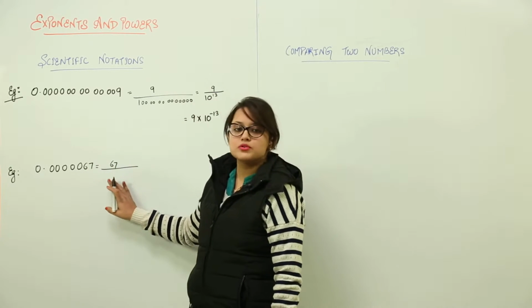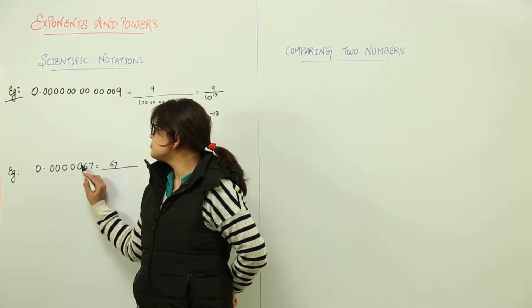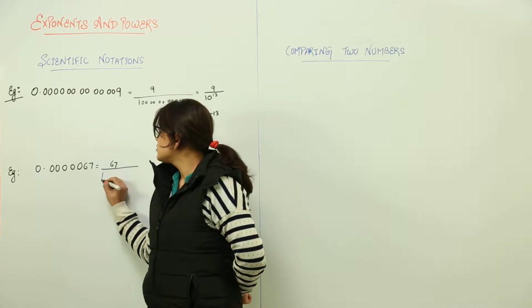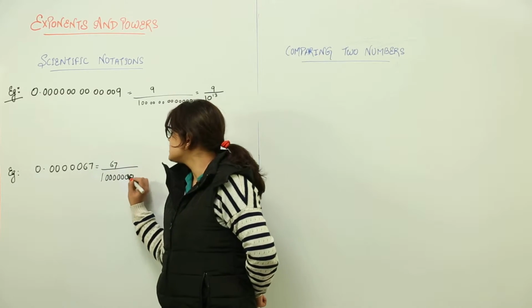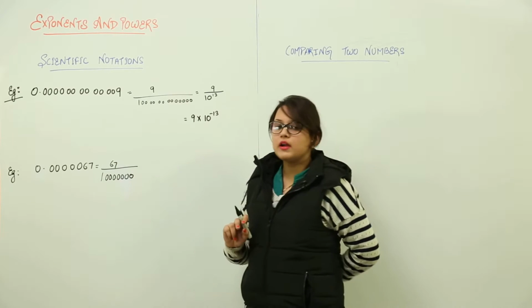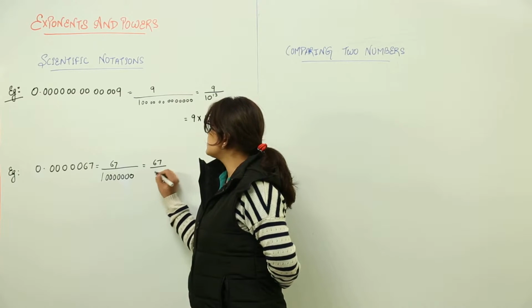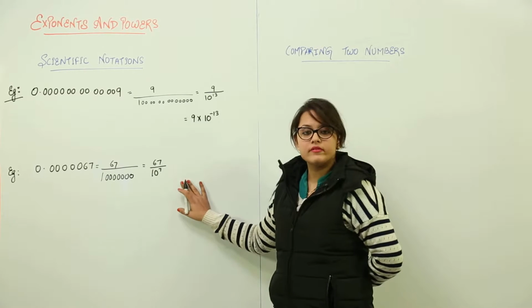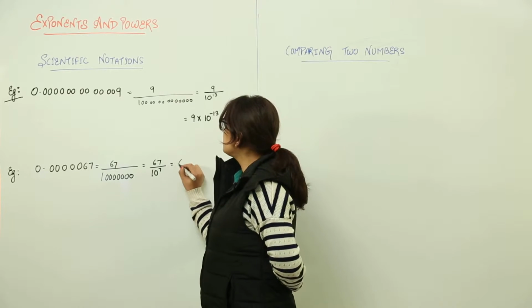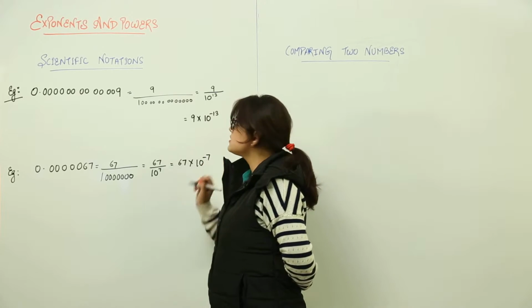You take the numbers only and count the number of places in the decimals. 1, 2, 3, 4, 5, 6, 7. So how many zeros I have added? 7 zeros. That means I can write this as 67 upon 10 raised to power 7. 10 raised to power 7 means 7 zeros. Now this can be written as 67 into 10 raised to power minus 7.